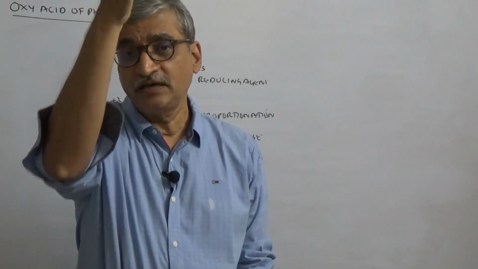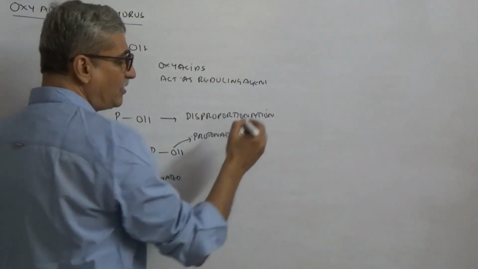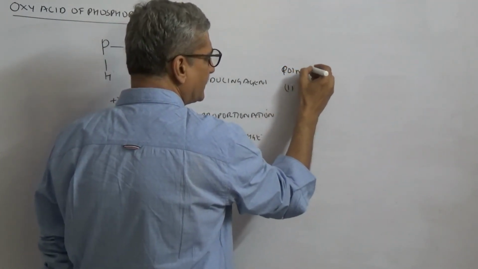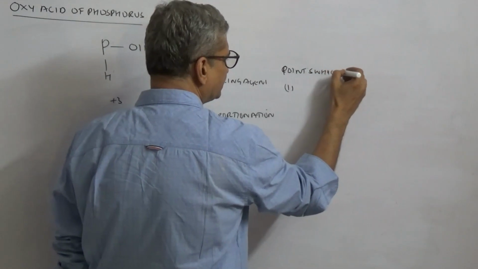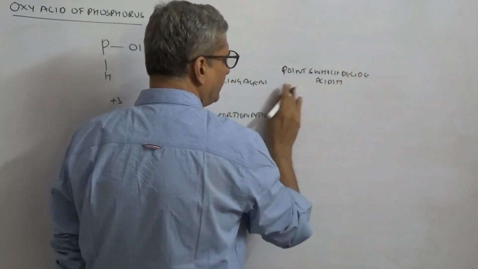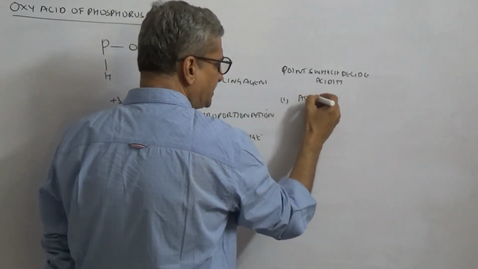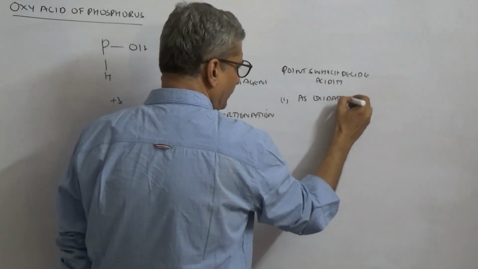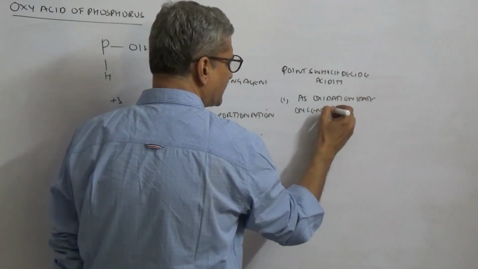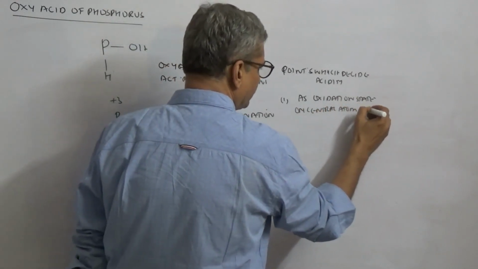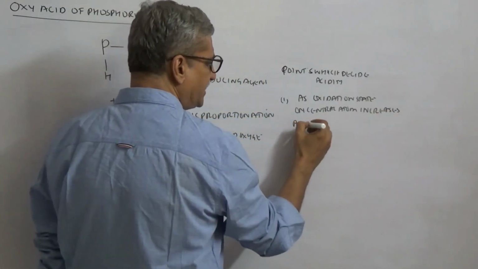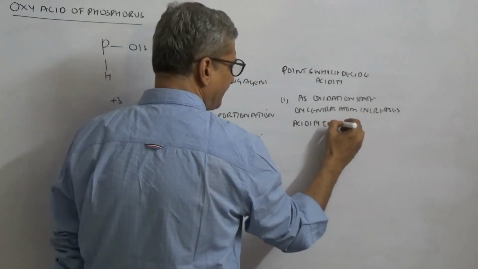From the structure, there are two things you will know, two points which decide acidity. First, as the oxidation state on the central atom increases, acidity increases.